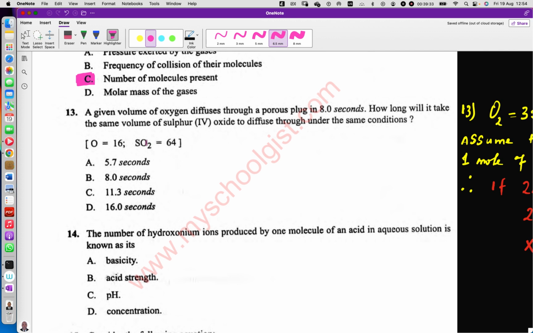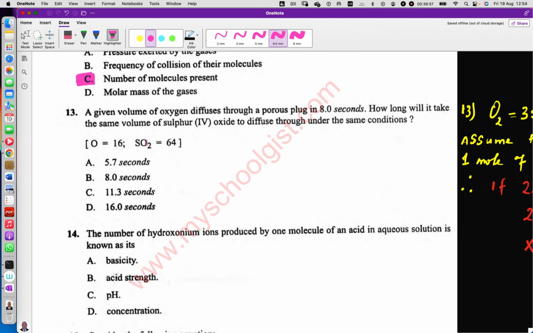Once more, a given volume of oxygen diffuses through a porous plug in 8 seconds. How long will it take the same volume of sulfur dioxide to diffuse through under the same conditions?